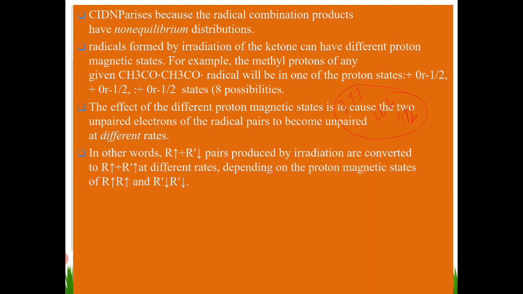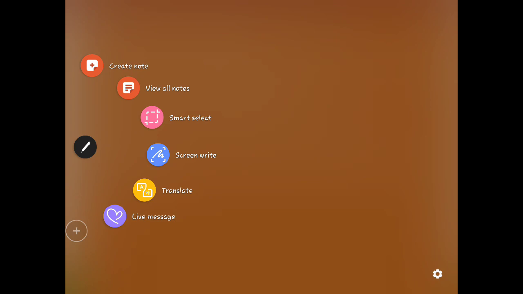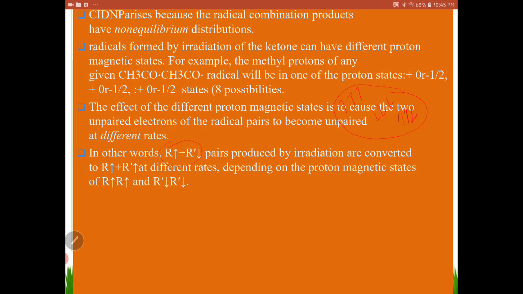In other words, there is a pair. Are they going to combine or are they going to get separated? Those produced by irradiation are converted to this one. If it is getting converted to this one, they can't combine, depending on the proton magnetic state of this one or this one.